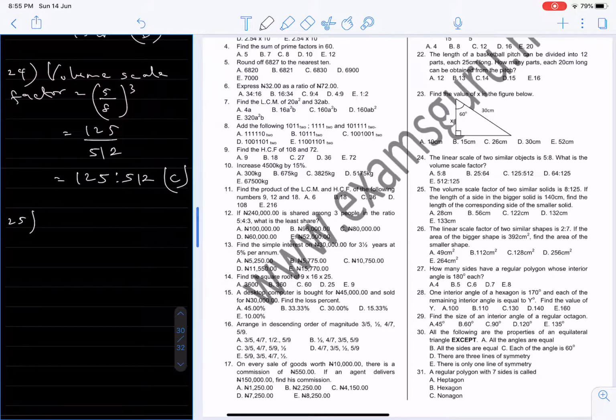Number 25. The volume scale factor of two similar solids is 8 to 125. If the length of a side in the big solid is 140, find the length of the corresponding side of a smaller solid.